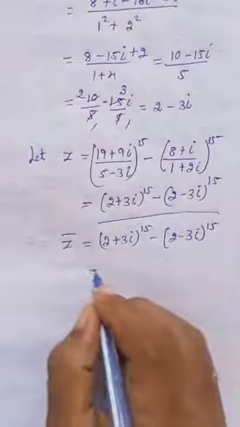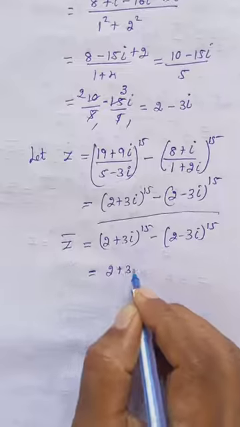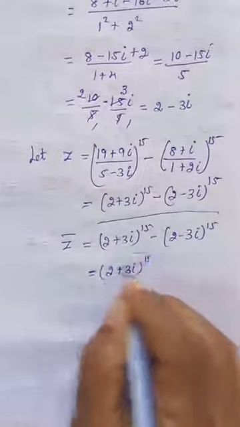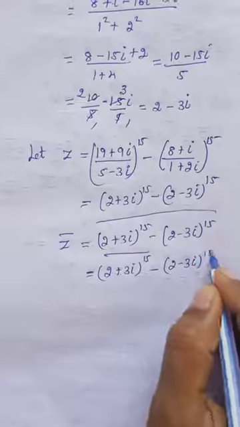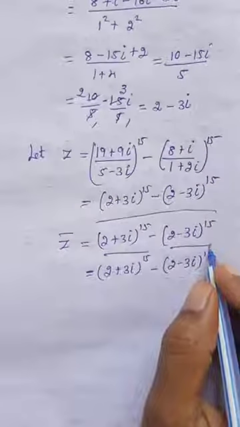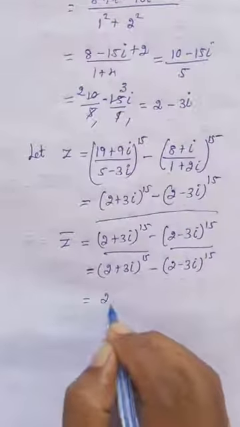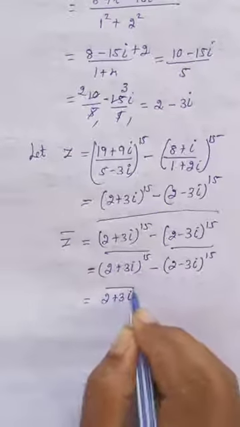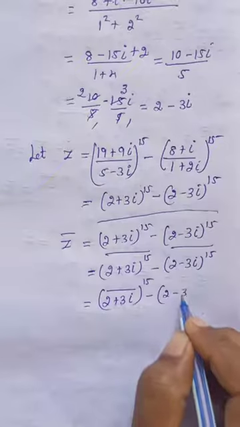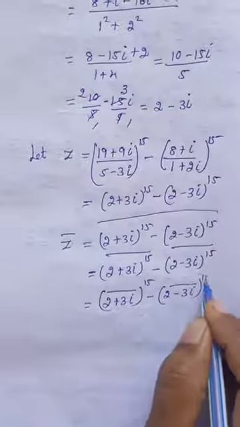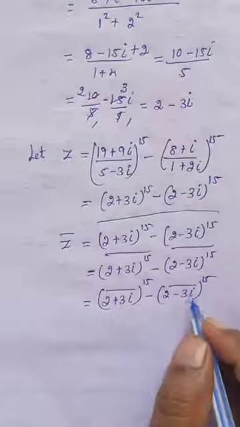Now we can separate it: the bar of (2 + 3i)^15 minus the bar of (2 - 3i)^15. Now we can write it as ((2 + 3i) bar)^15 minus ((2 - 3i) bar)^15, isn't it?